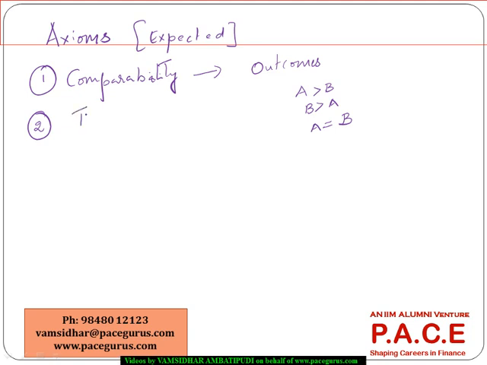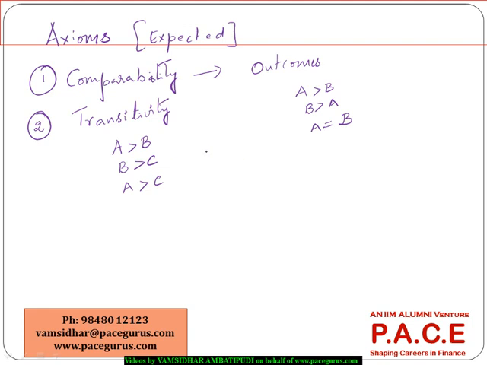And the second important concept in this is the transitivity property, which says if an investor is preferring A over B because of the utility, and he is preferring B over C, then automatically A gets preferred over C itself.